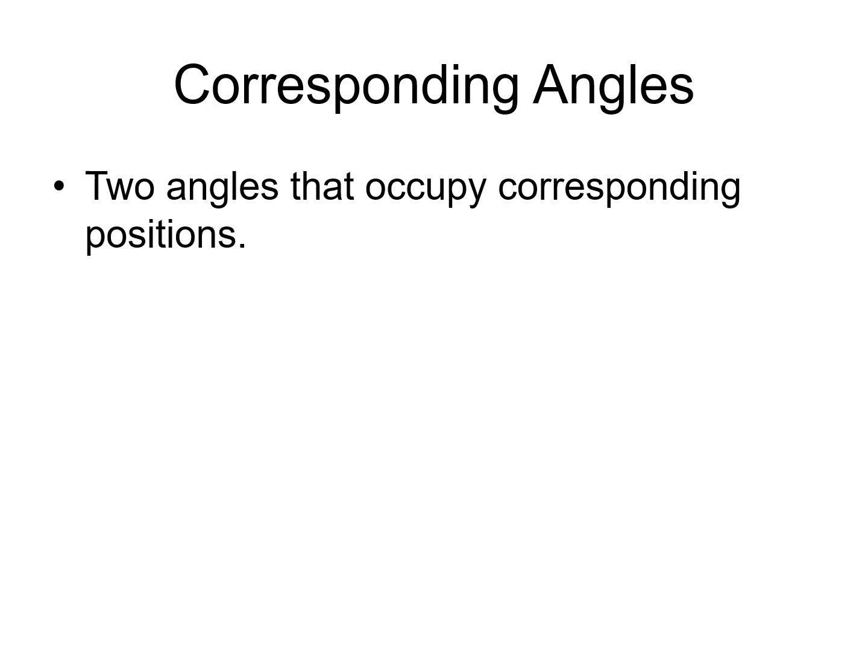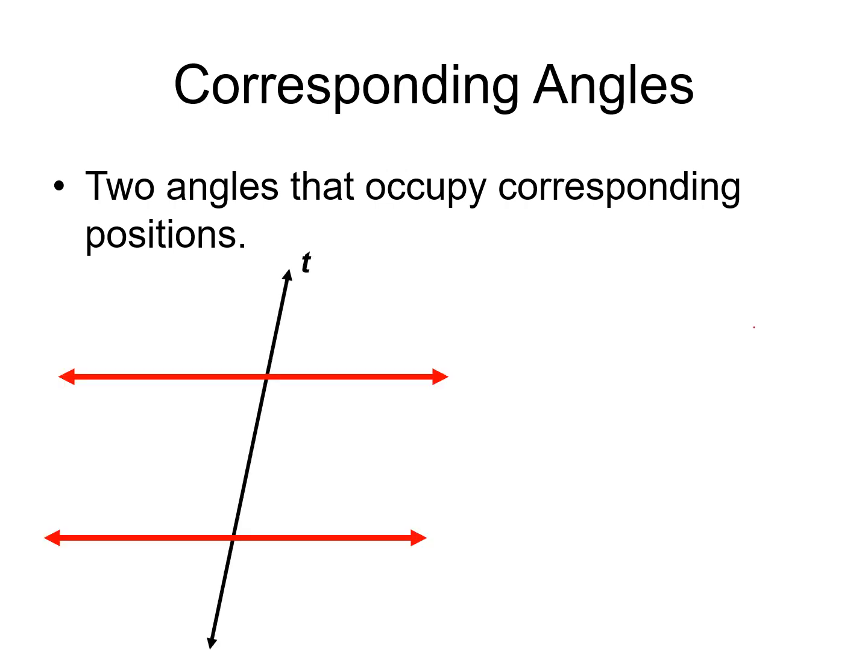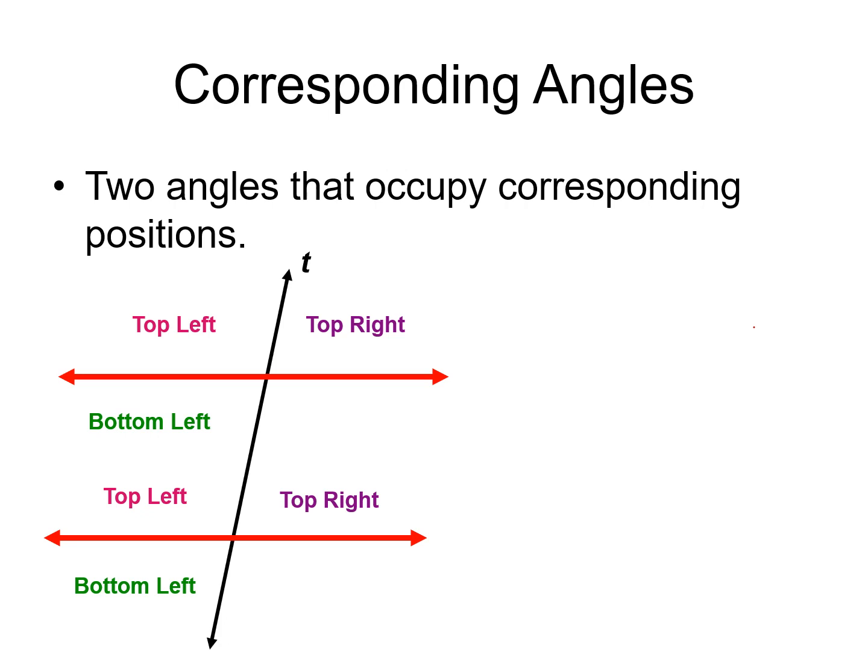Corresponding angles: two angles that occupy corresponding positions. When you draw parallel lines and a transversal line intersects both the parallel lines, the top left angles are always congruent, and the top right angles will always be congruent.